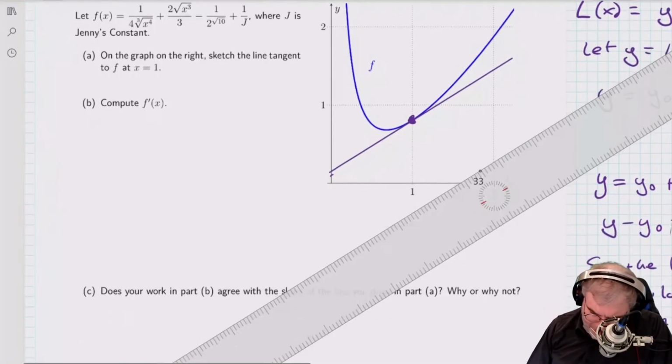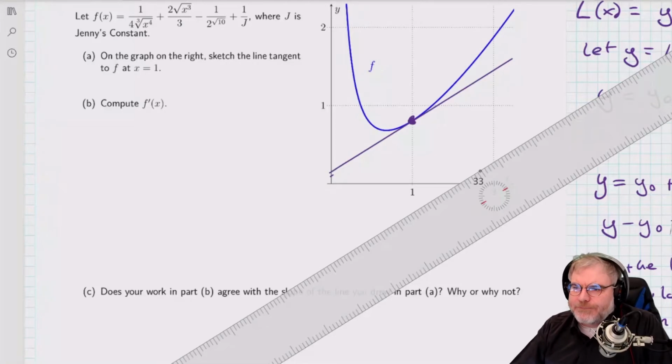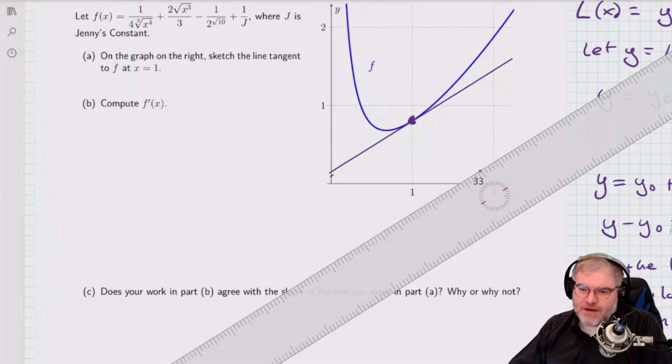Now I want to compute f prime of x. Now this is a big mess, but it's doable. Sorry, things are mixing up.